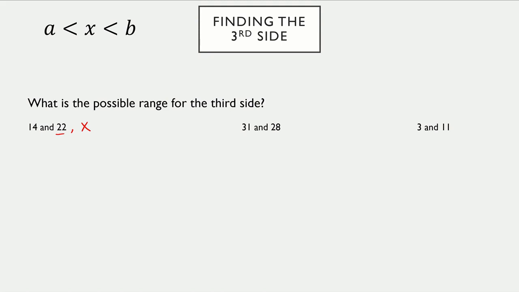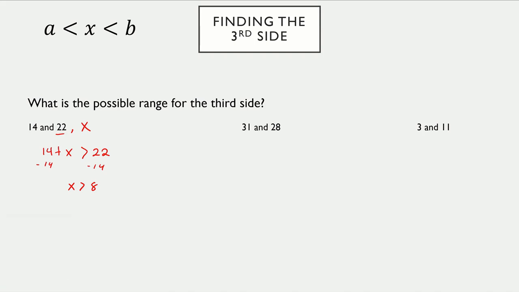So if 22 is the largest side, that means that 14 plus x, in order for it to be a triangle, has to be greater than 22, right? And so if I were to solve for x here, I simply subtract 14 and I get my first answer in my first scenario of x being greater than 8.